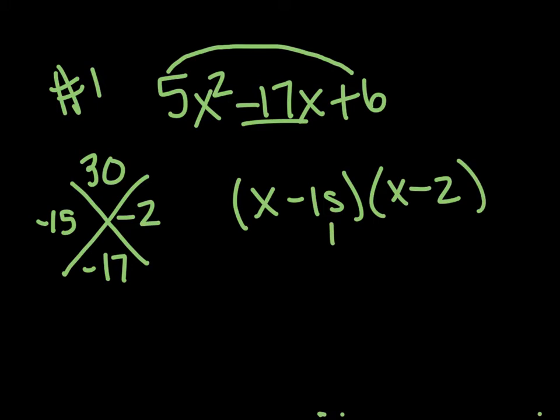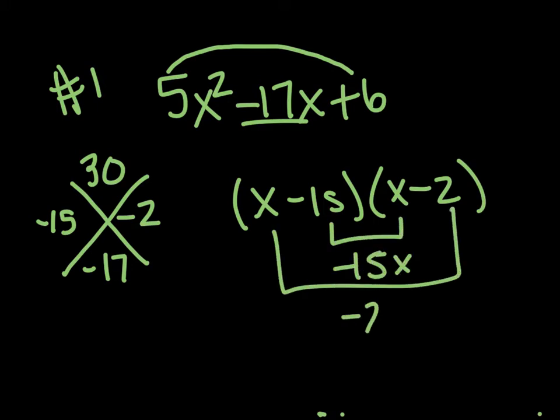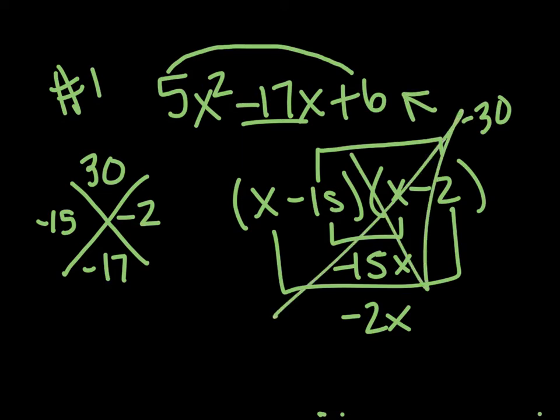Because if you went and checked this, you would get negative 15x and negative 2x, which does add to get you negative 17. But here, when you go to multiply negative 15 times negative 2, you get negative 30, and we want it to be equal to 6. So this doesn't work when you have a number other than 1 in front of your x squared.